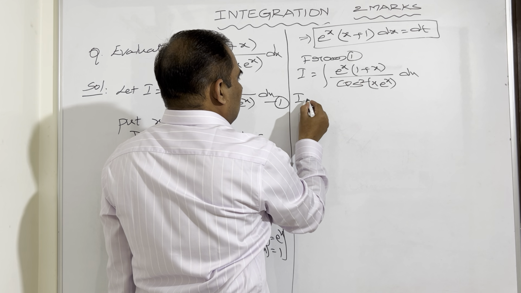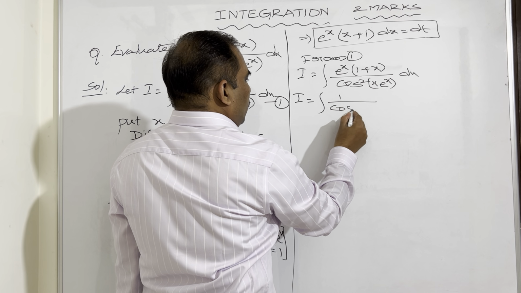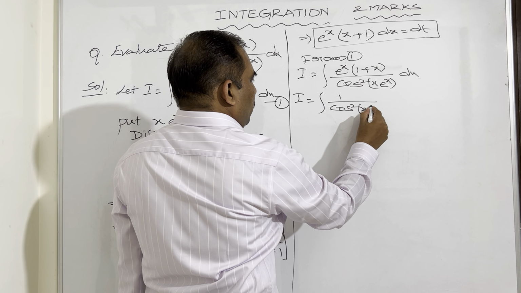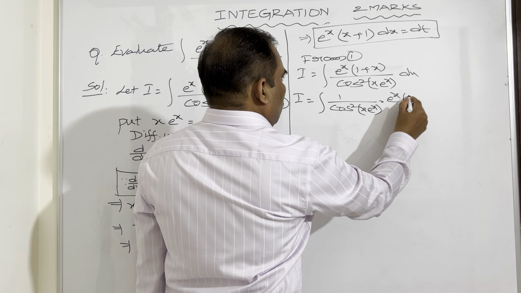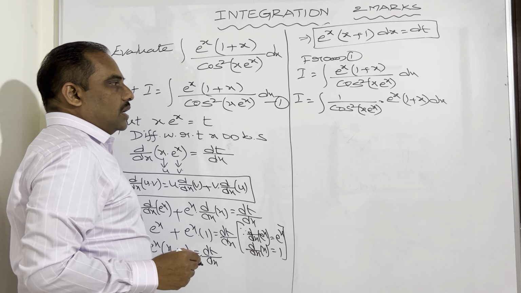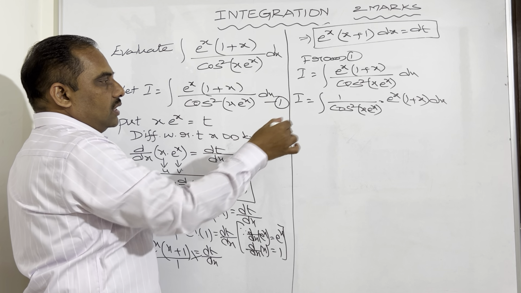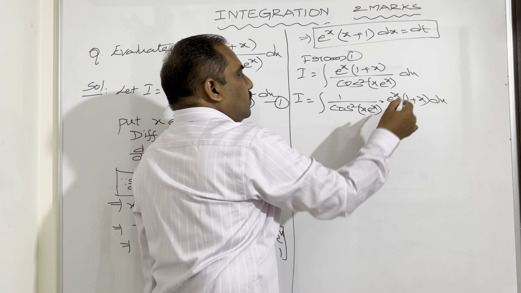So that's why this can also be written as integral of 1 by cos²(x e^x) into e^x (1 + x) dx.